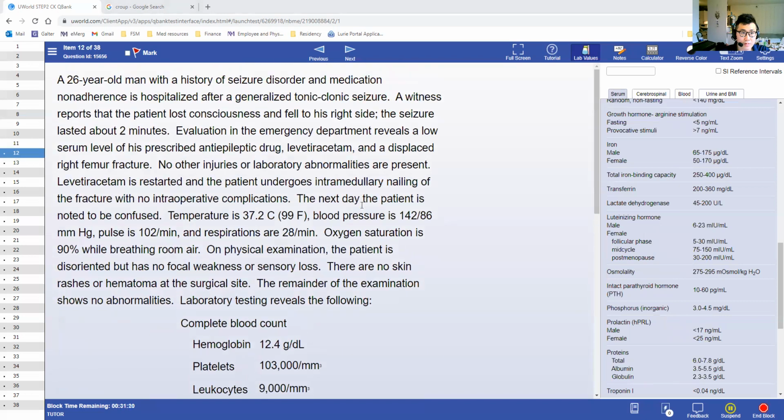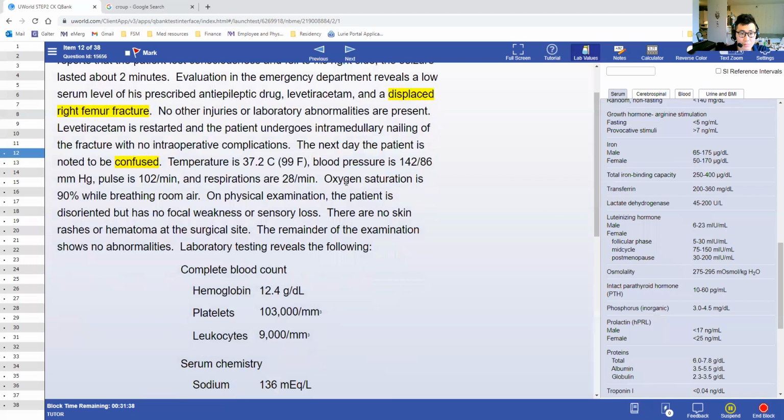Etiology question. All right, seizure, fracture. He's confused. Vitals are okay. Oxygen saturation is kind of low.